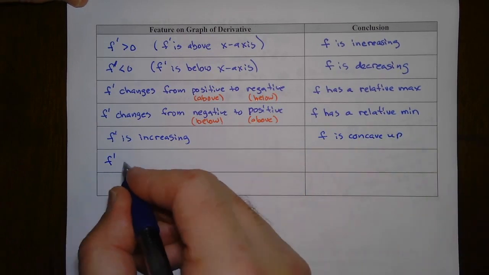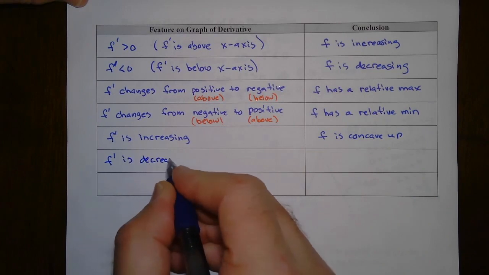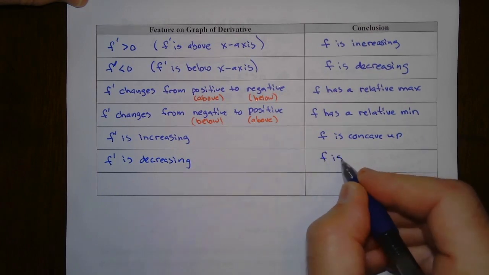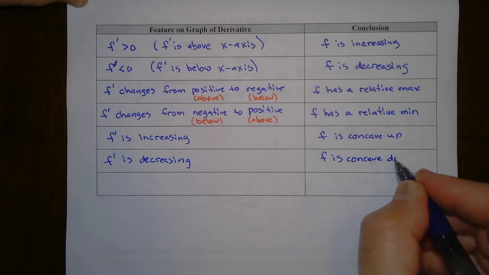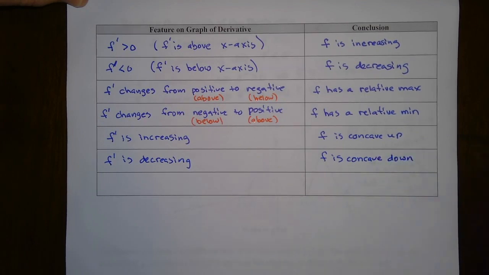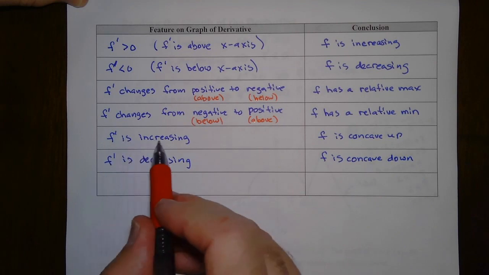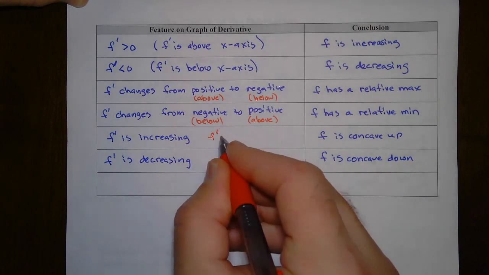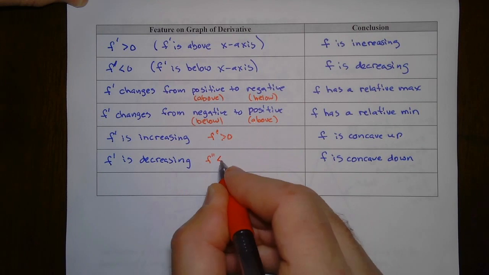And if f prime is decreasing, that would tell us f is concave down. I want to go over this. If f prime is increasing, that would mean one derivative way, which is f double prime would be greater than 0, and f double prime for this one would be less than 0.